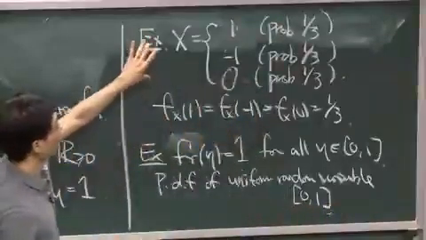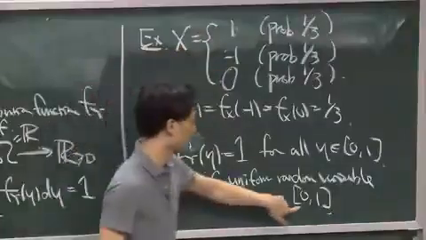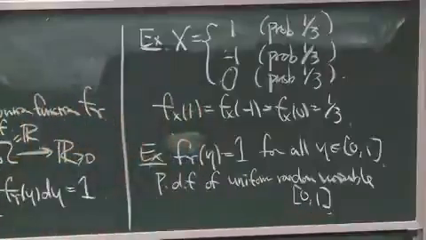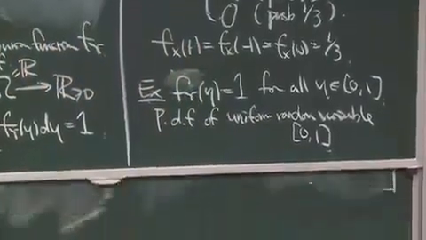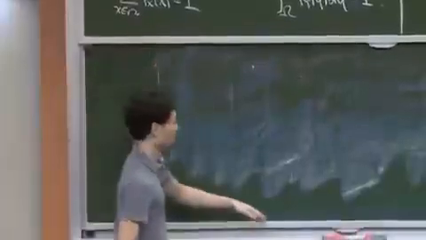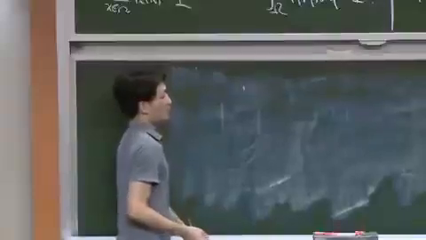So this random variable just picks one out of the three numbers with equal probability. This picks one out of all the real numbers between 0 and 1 with equal probability. Yeah. These are just some basic stuff. You should be familiar with this, but I wrote it down just so that we agree on notation.